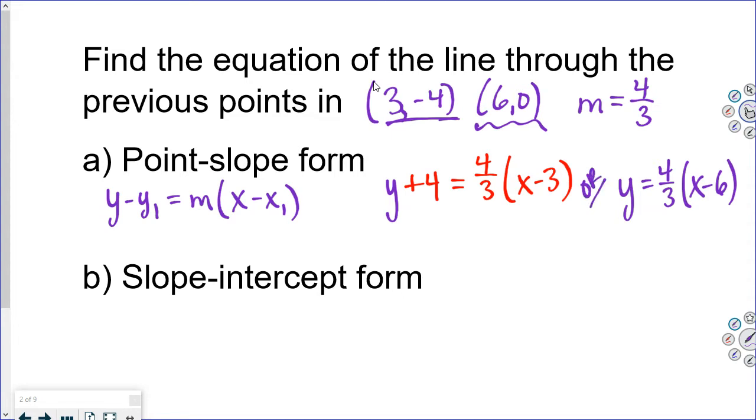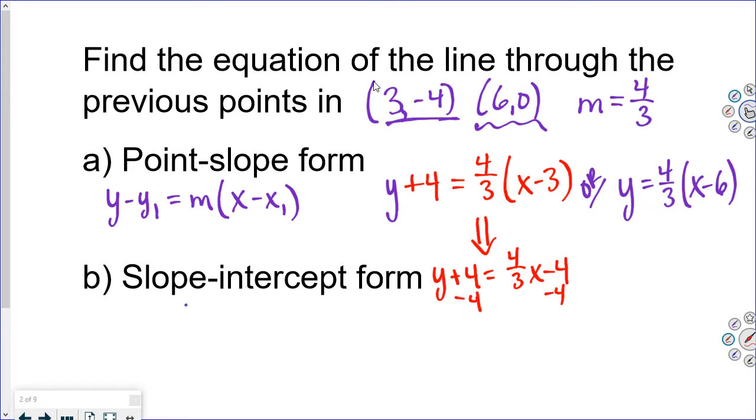When you look at slope-intercept form, for most people, it's going to be easiest to start in point-slope form, given our equation, and then work towards getting slope-intercept form. So for example, if we were using this equation that we started with, we would have y plus 4 on the left. We would distribute the 4/3. And now to finish solving, we can go ahead and subtract to get y by itself.